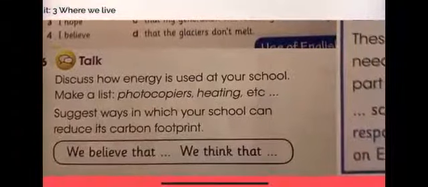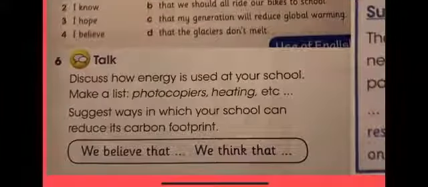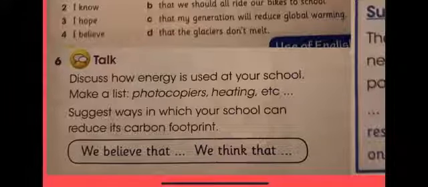Then comes: discuss how energy is used at your school. Make a list, like copiers, heating, AC, fans, etc. So you have to make a list of things that use energy in your school, and then suggest ways in which your school can reduce its carbon footprint. So we believe that, or we think that. You have to write a paragraph.